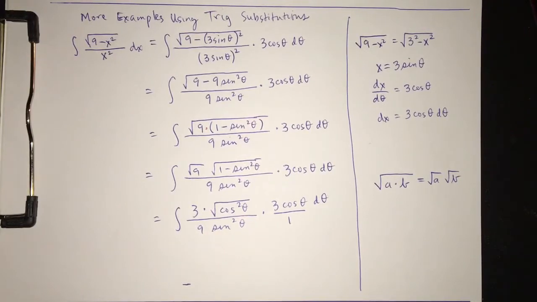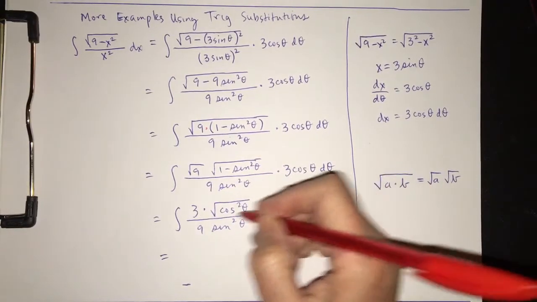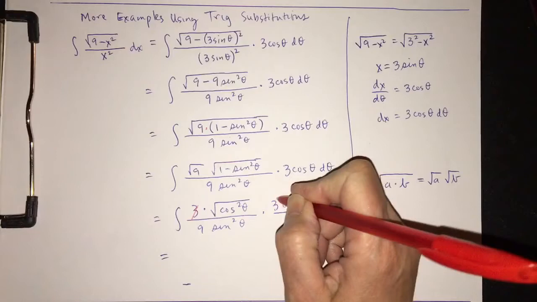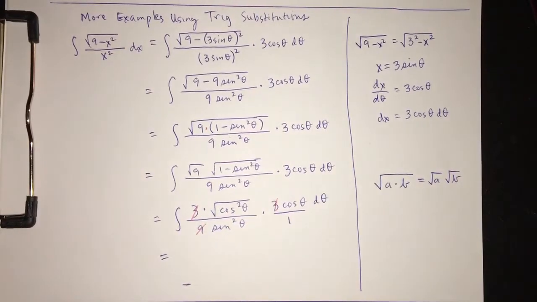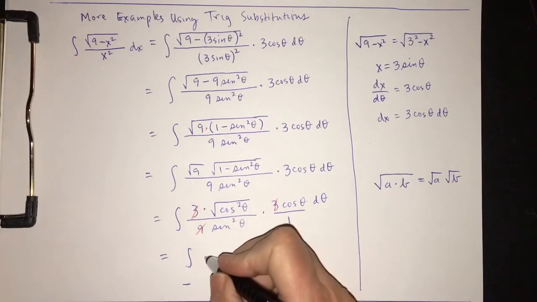Let's start reducing. The two 3's, 3 times 3 is 9, so I can reduce those with the 9 on the bottom. And then the square root of cosine squared theta equals cosine theta.